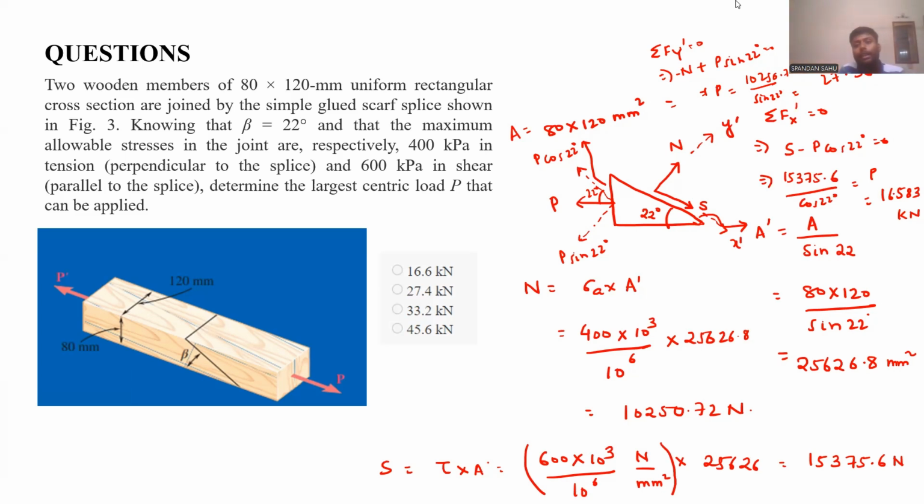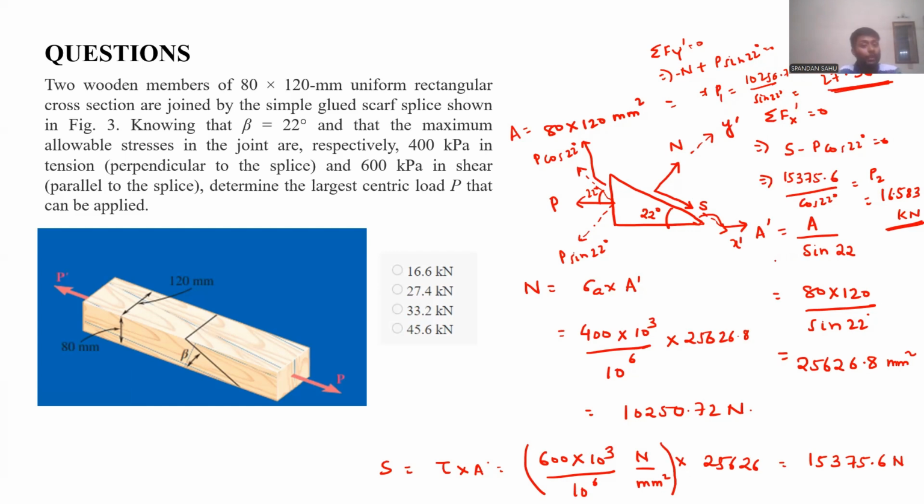So overall, you can see one P you are getting is 27.36 kilonewton. Let this be P1 and this be P2. And P2 you are getting is 16.583 kilonewton.